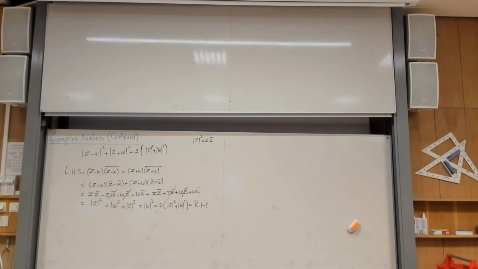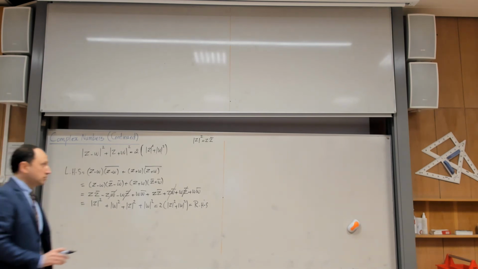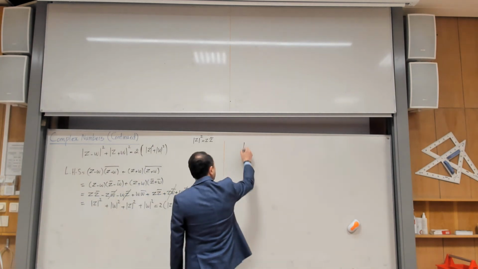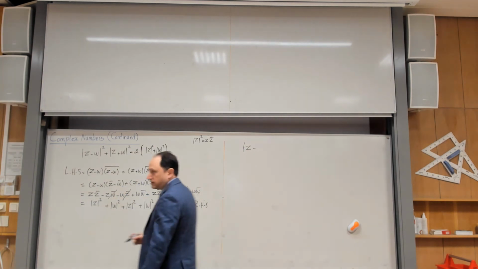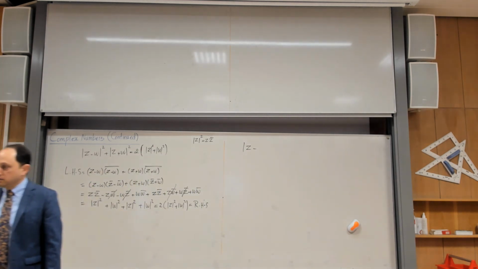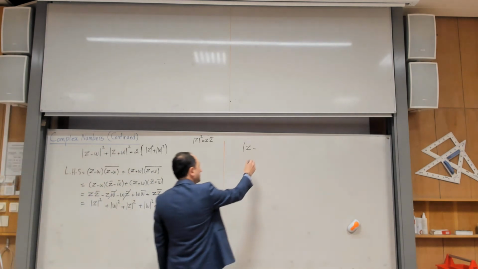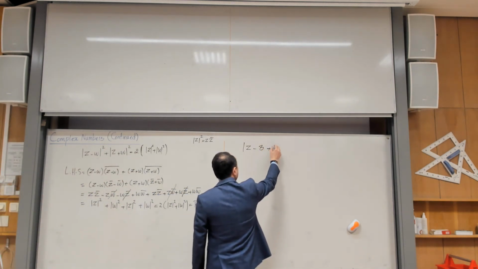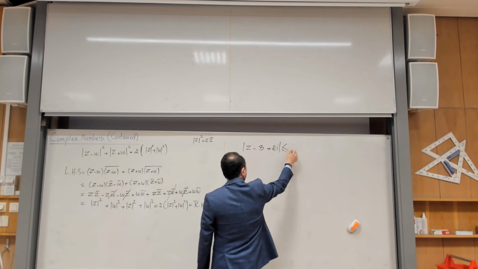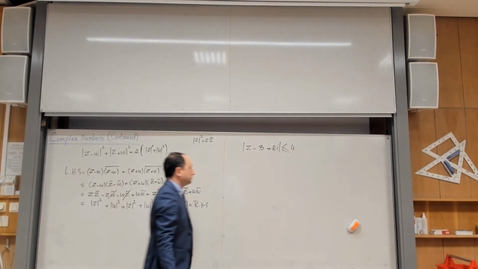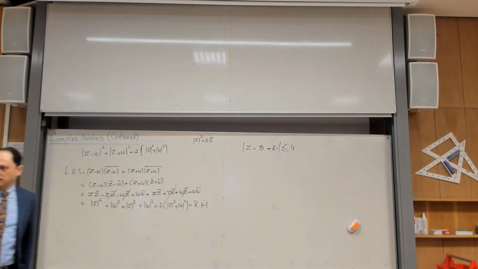And there is also a nice problem here. I just write it for you and solve it myself, but I want you to see it. So, an inequality is given to you: the absolute value of z minus 3 plus 2i is less than or equal to 4. Yes?